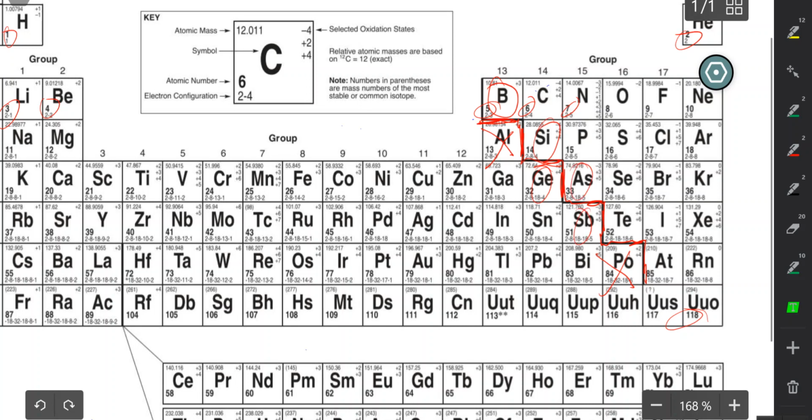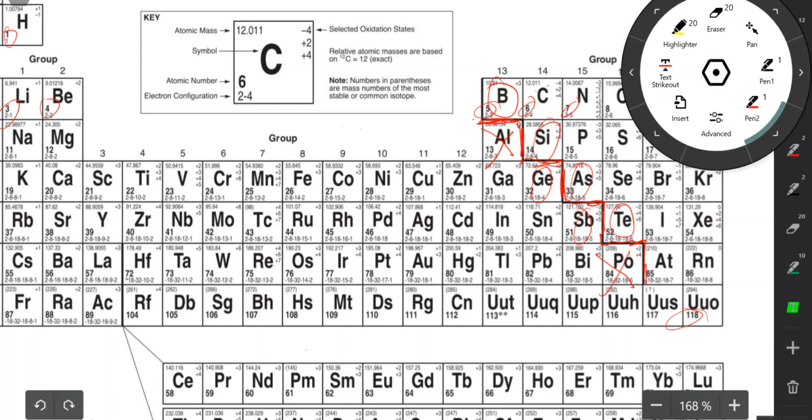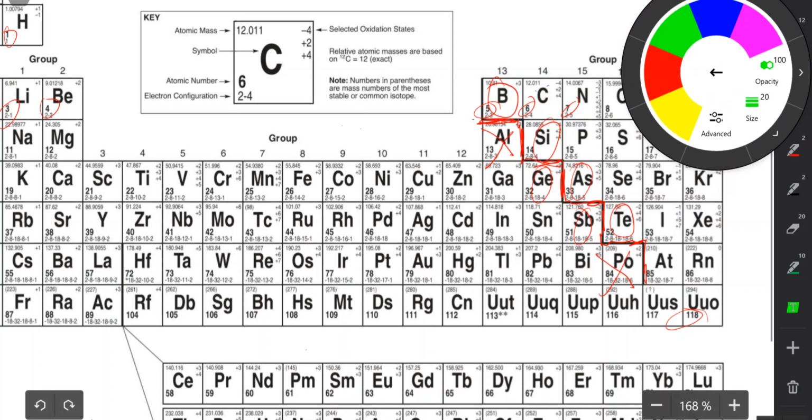Forget polonium. These are metalloids, which are simply elements that have characteristics of both nonmetals, everything to their right side, and metals, everything to their left side. I'm sorry, I flipped it at first. Nonmetals, everything to their right side, and metals, everything to their left side.